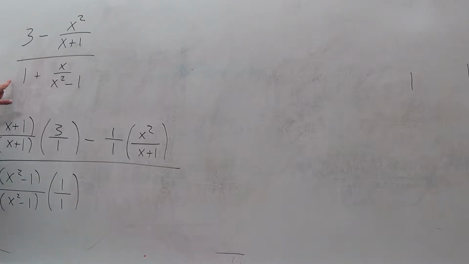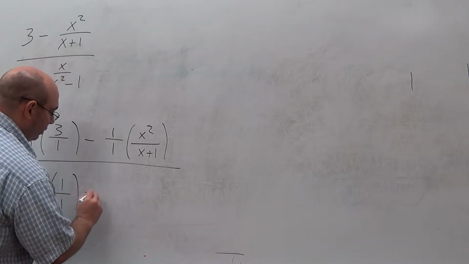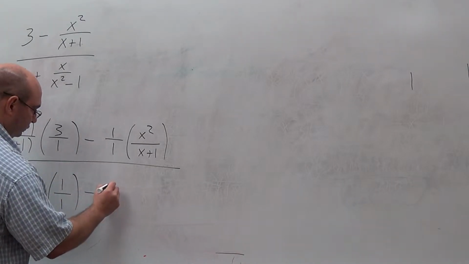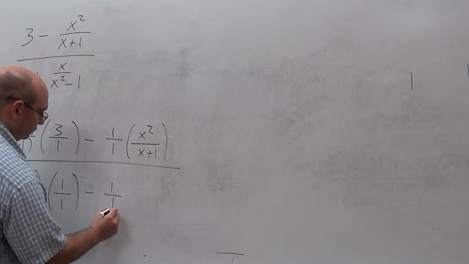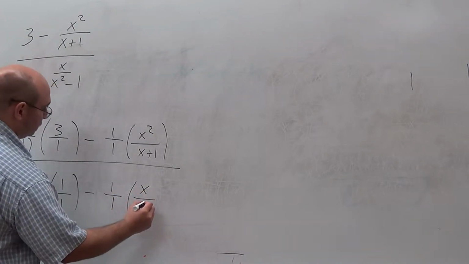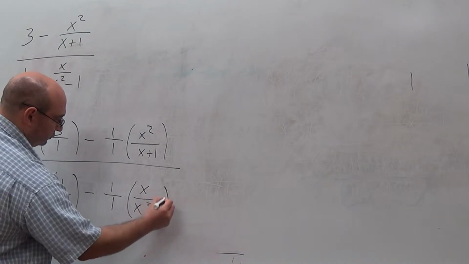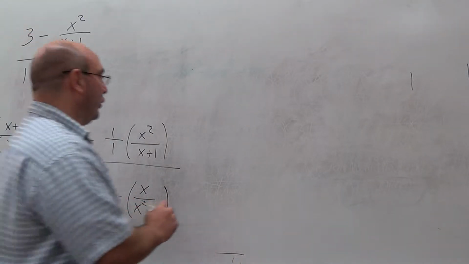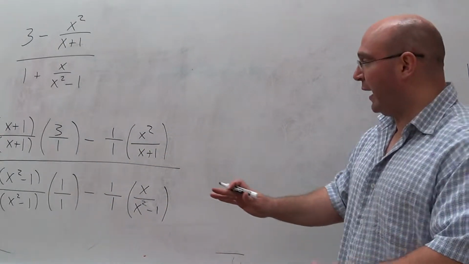And I'm writing this one as a 1 over 1 in the same manner that I wrote 3 as 3 over 1, just to make sure that we understand we have a numerator and denominator. Let's put this 2 over there. Okay, so we've got that.